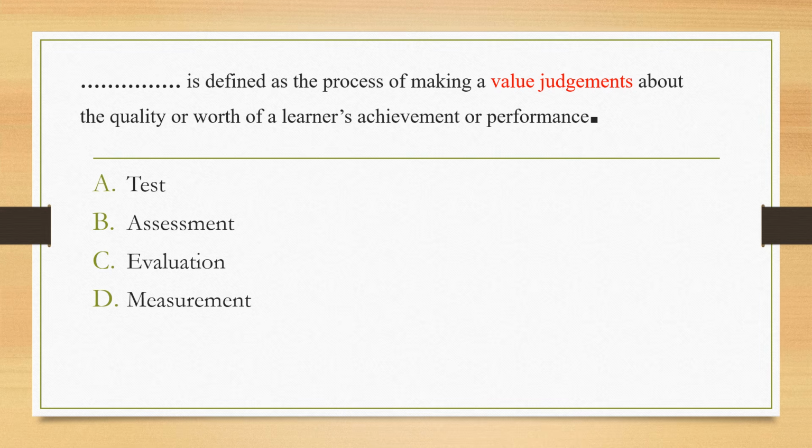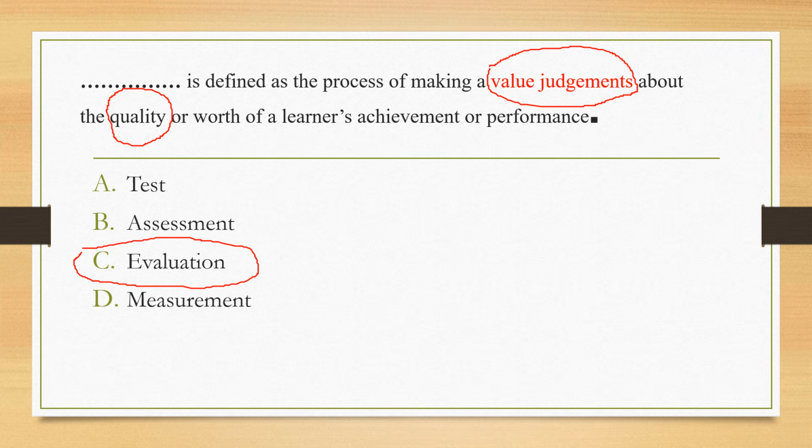So the keyword here is passing or making judgment about the quality of a learner's performance. Therefore, we are talking about evaluation. All right. Once you get to know all these keywords or phrases, it is easy to identify the answers. Let's move on.